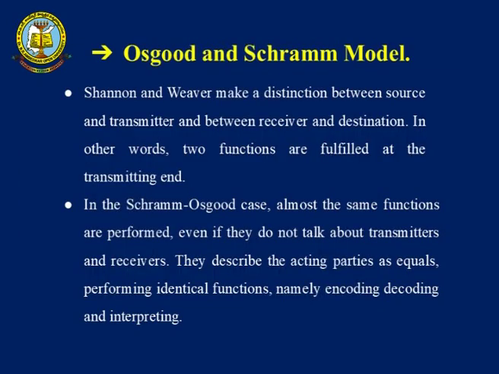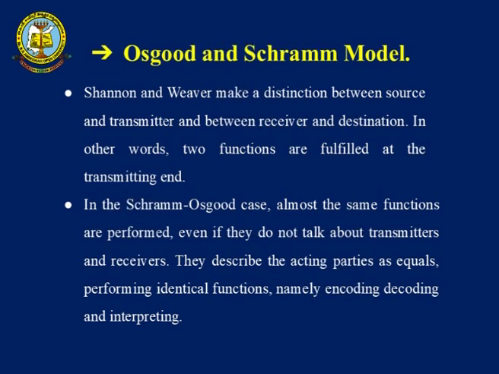Apart from that, Shannon and Weaver make a distinction between the source and transmitter and between receiver and destination, right? Apart from that, the interpreter could also be the transmitter, that is helping you to send or share the message. In other words, two functions are fulfilled at the transmitting end.